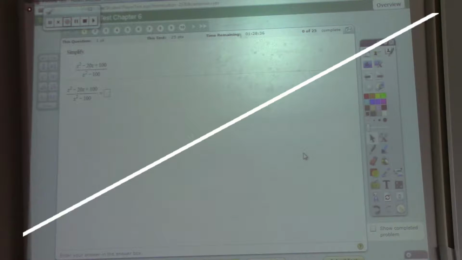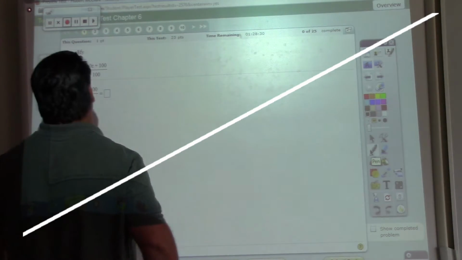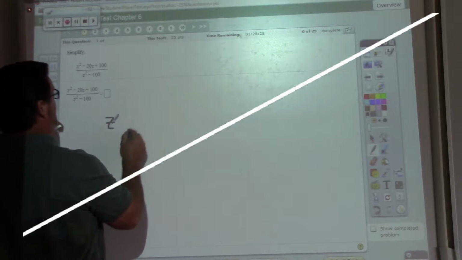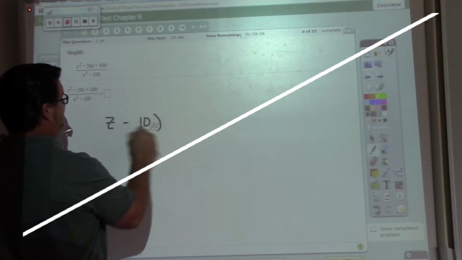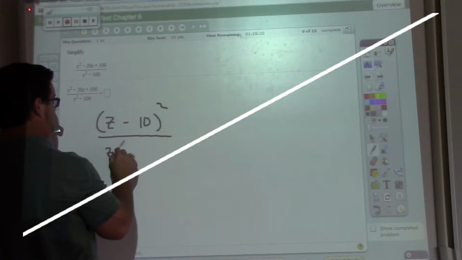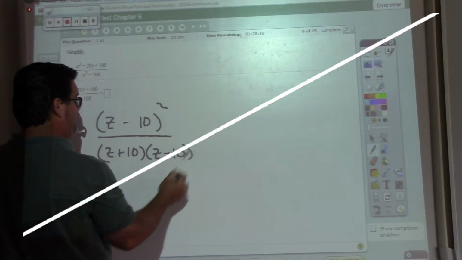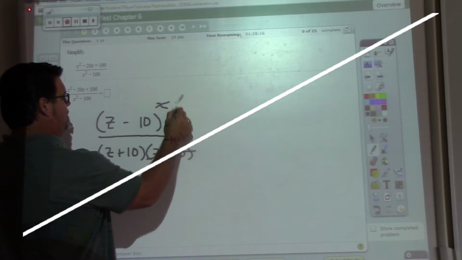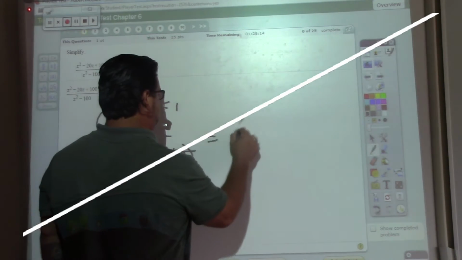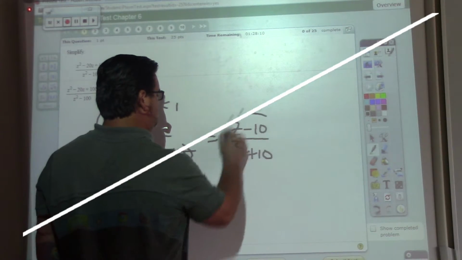All right. So this one should be easy peasy. Z minus 10 quantity squared over Z plus 10, Z minus 10, and that takes one of these out. So you're left with Z minus 10 over Z plus 10.